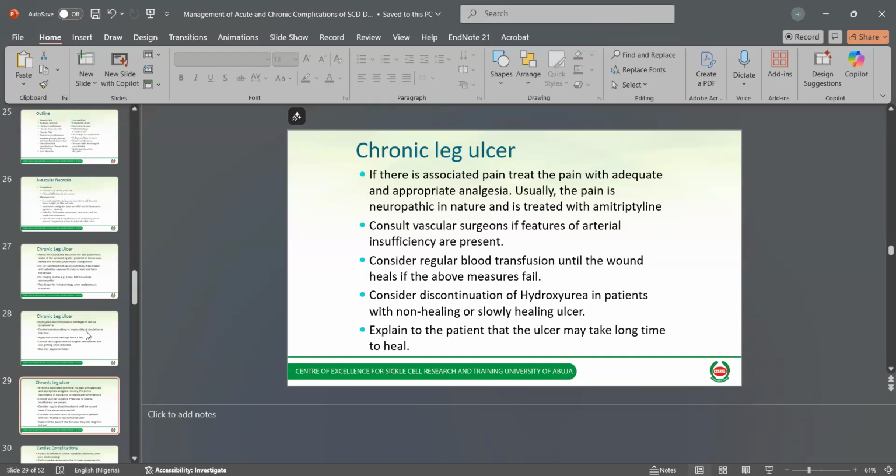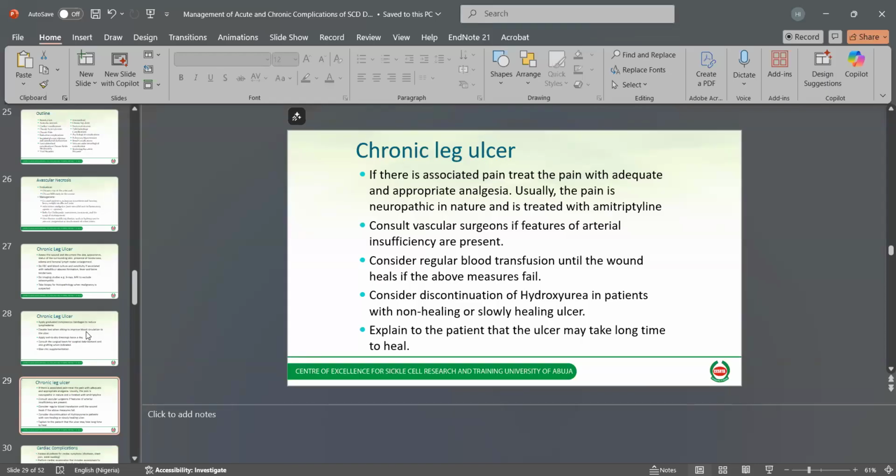When it improved and was almost healing, the school resumed again, and she went back after holiday, and the leg ulcer broke down again and started expanding. So those are some of the risk factors.